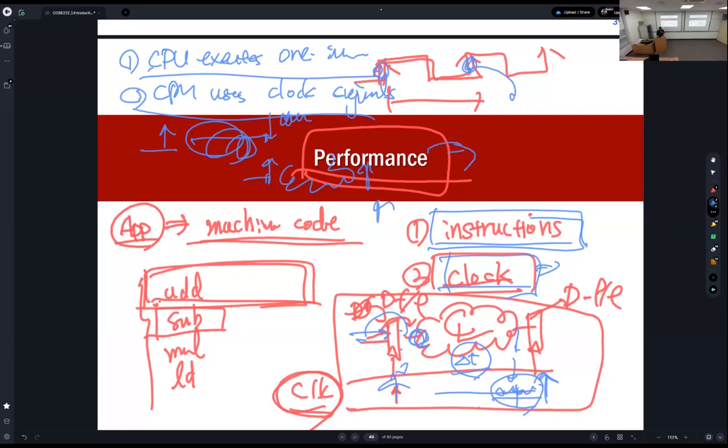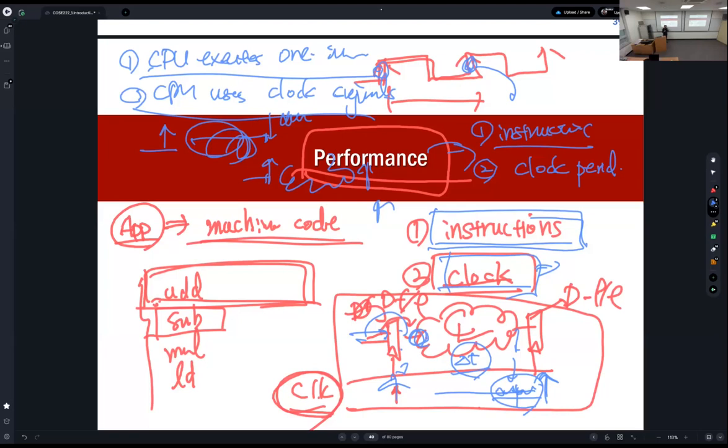Why did I explain the operation of the CPU like this? It is because I am explaining the concept of performance using execution time, which means we will use instructions and clock period.